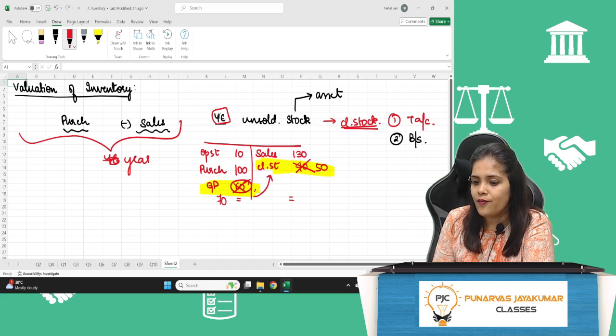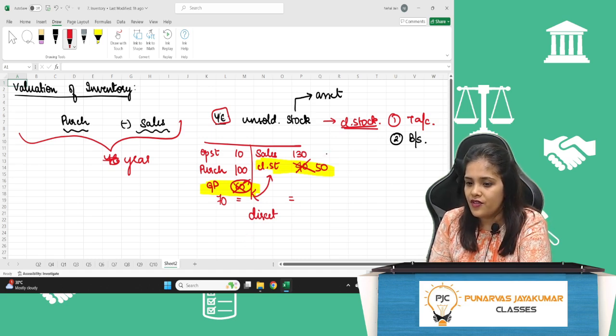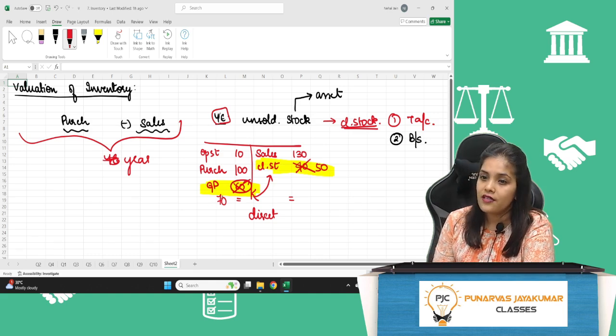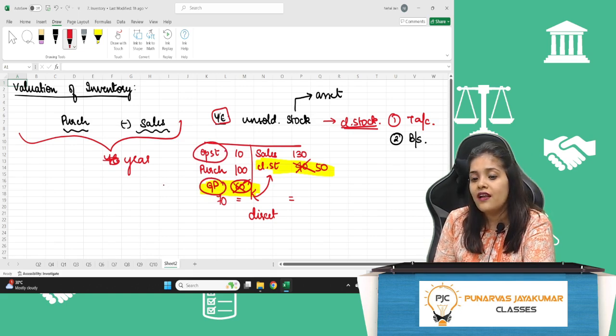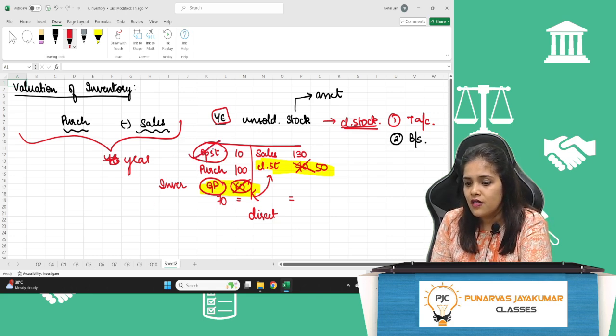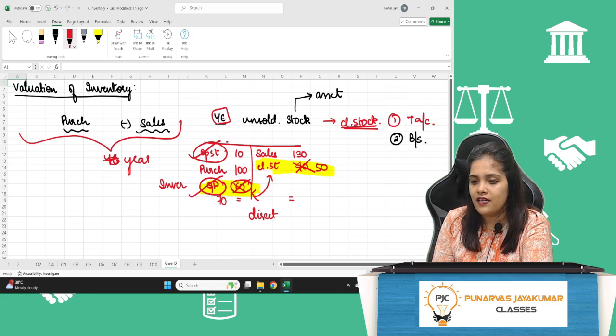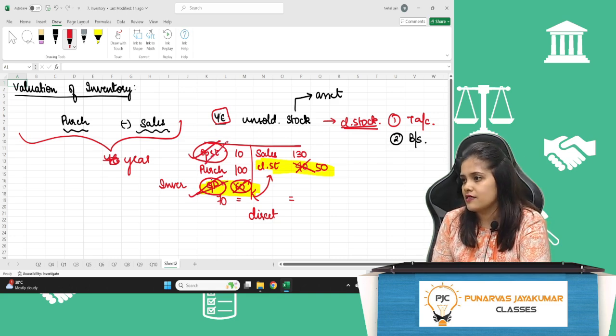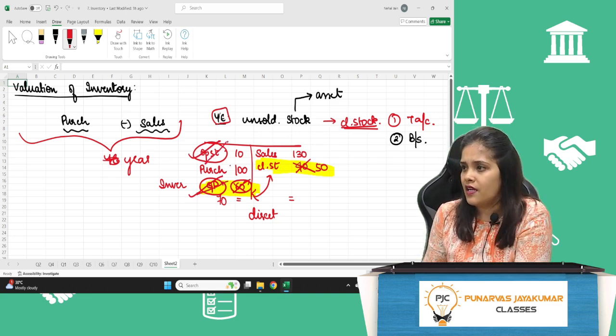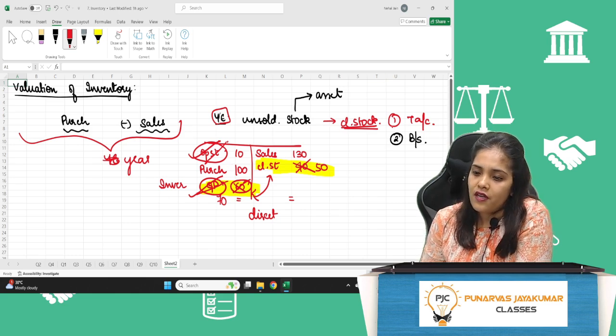Closing stock and profit are directly proportional, and opening stock and profit are inversely proportional. When closing stock increases, profit increases. Am I clear? Okay.